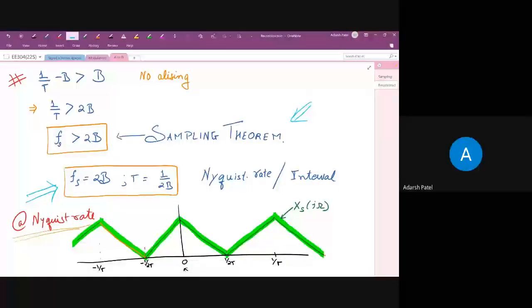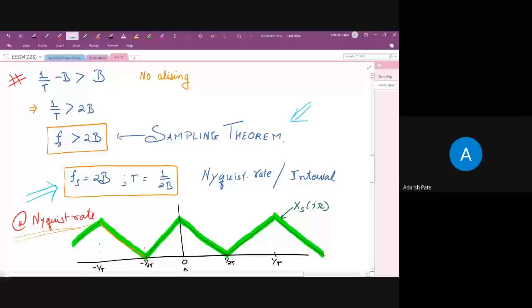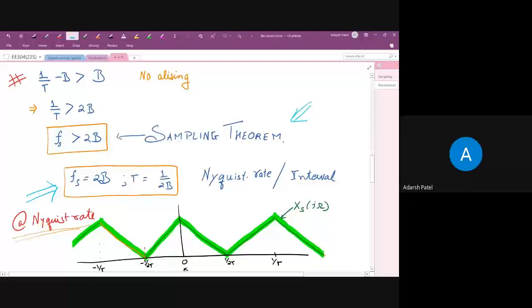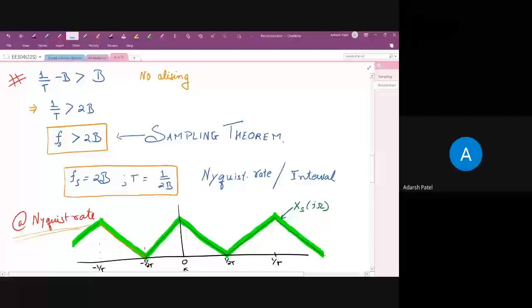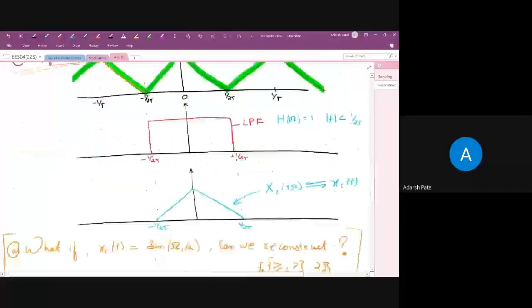You cannot go below that; you can always go above it. So in that case, 2bTs equal to 1 is the Nyquist rate, a very short version of it. So this is the condition. I hope this is clear.